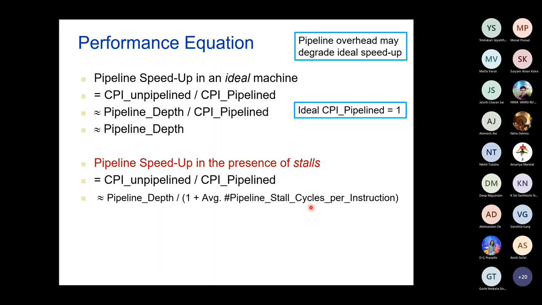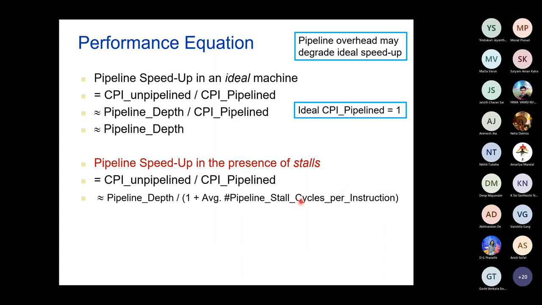You rightly said it would increase, by the average number of pipeline stall cycles per instruction, because we are talking about the average number of clock cycles per instruction here. This is an incremental quantity, averaged over the total number of stalls divided by the number of instructions in the program.